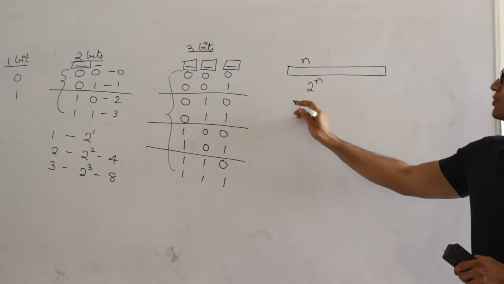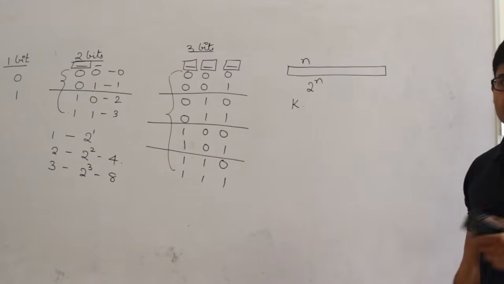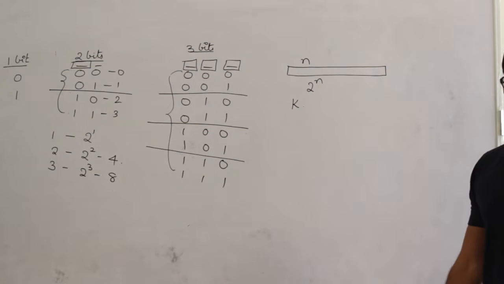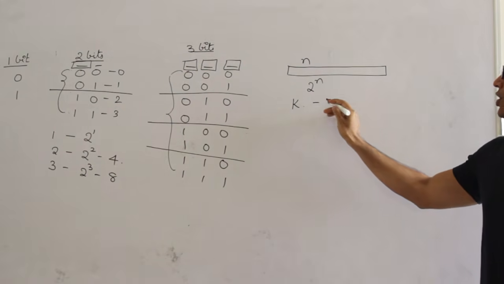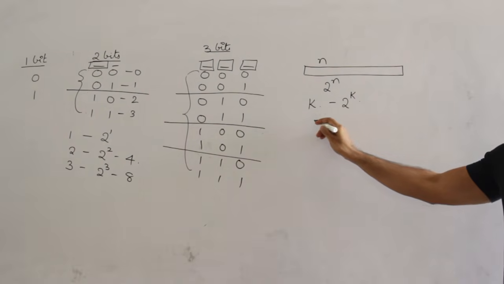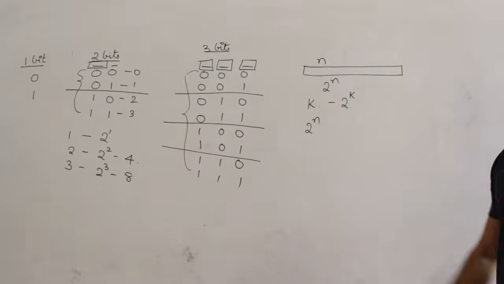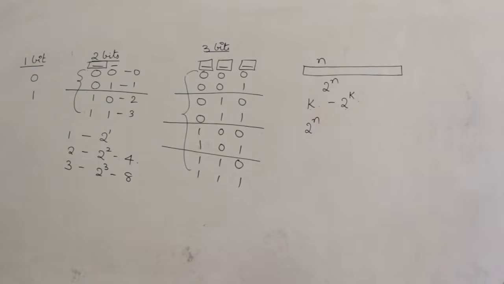And if I choose k bits anywhere, the leading part or any part, if you choose k bits, then you are dividing the entire number system into 2 power k parts, isn't it? So totally there are 2 power n numbers. By choosing k bits, you are dividing it into 2 power k parts.